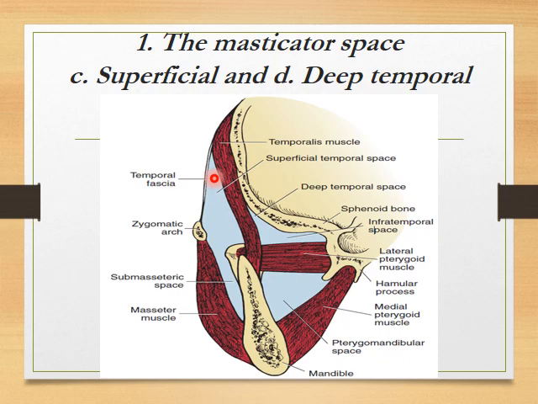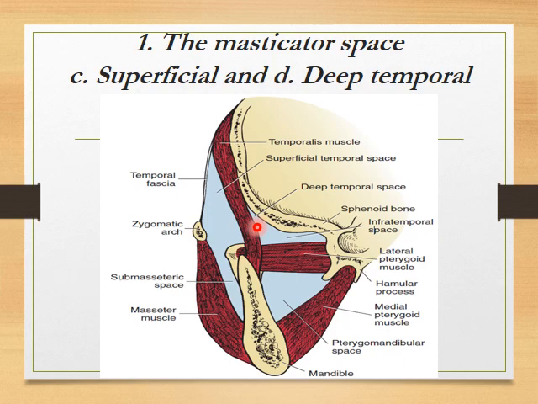The deep temporal space is located between the medial surface of the temporalis muscle and the temporal bone. It contains the mandibular division of the trigeminal nerve and skull base foramina.